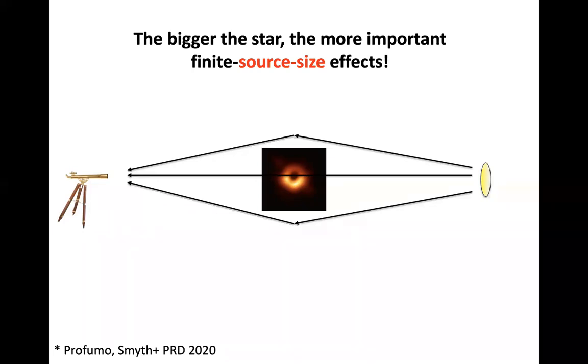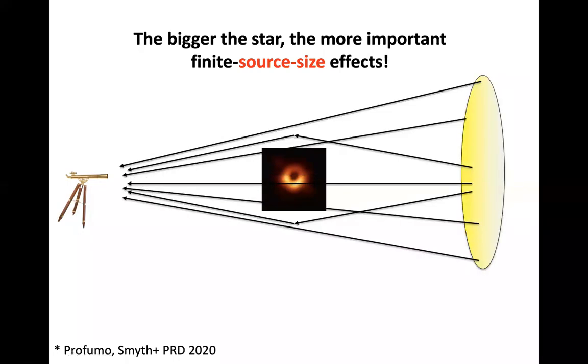Let me give you a very, very quick explanation as to why that is. So this is what microlensing ultimately is. You lens light that would not get to your telescope, but if the star is large, you get a lot of light from a much wider region than where the light that would be lensed would get to you. And so you essentially nullify the microlensing effect if the star is large enough.